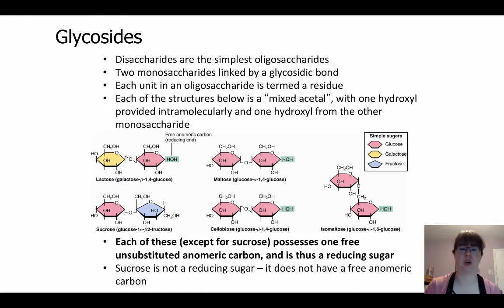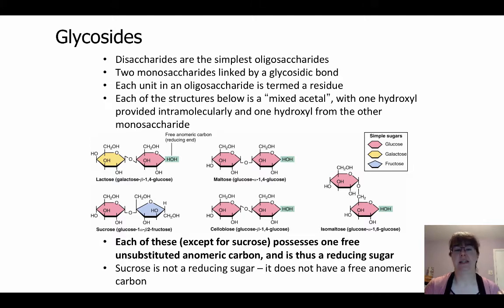sucrose does not have a free anomeric carbon. Also, as you look at these linkages, notice that when we're talking about them, we're naming them for whatever sugar is using its anomeric carbon first. So we're looking at lactose. It's galactose beta 1. That beta is telling you that anomeric carbon is the beta form of that particular sugar.